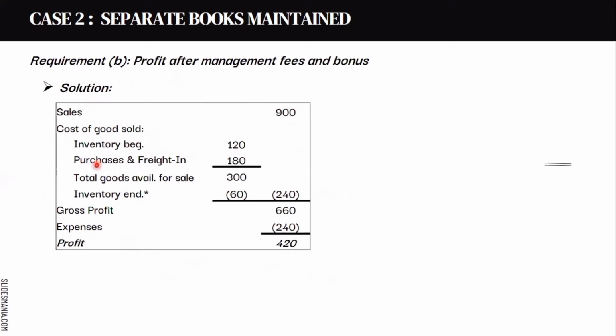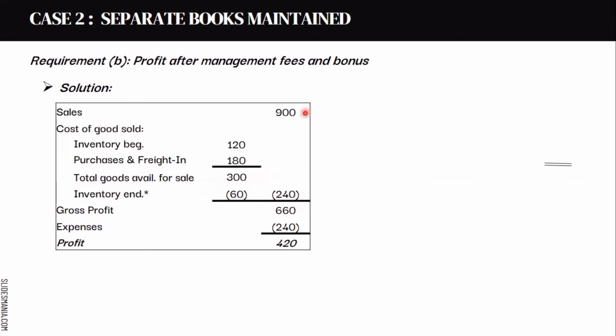How much are our purchases in fit-in? 180. This is the earlier purchase in fit-in. So 120 plus 180, we have a total goods available for sale of 300. Then less the ending inventory of 60 pesos. So we have a cost of goods sold of 240.